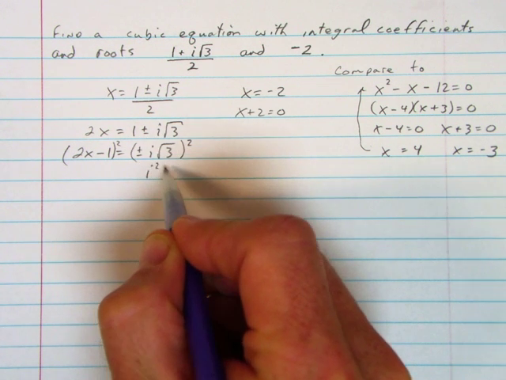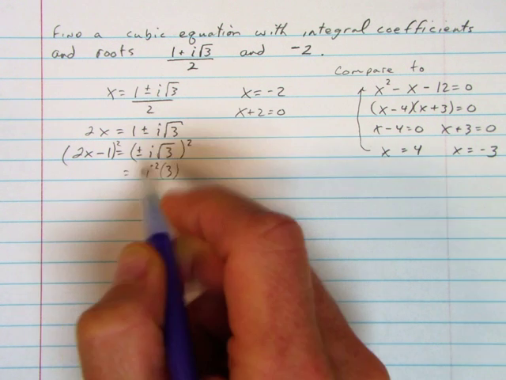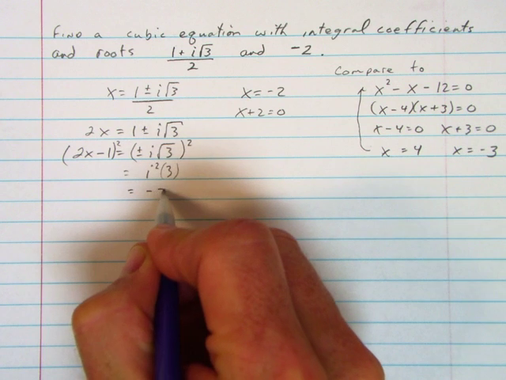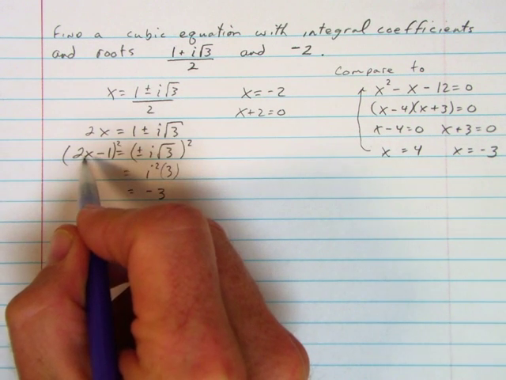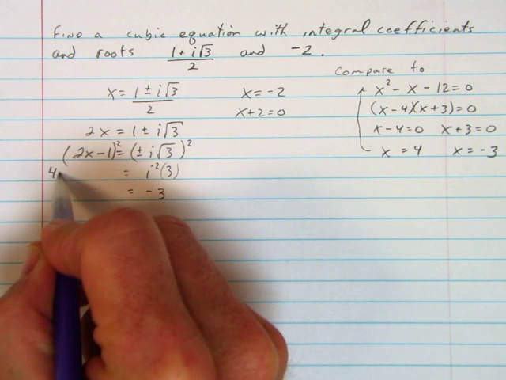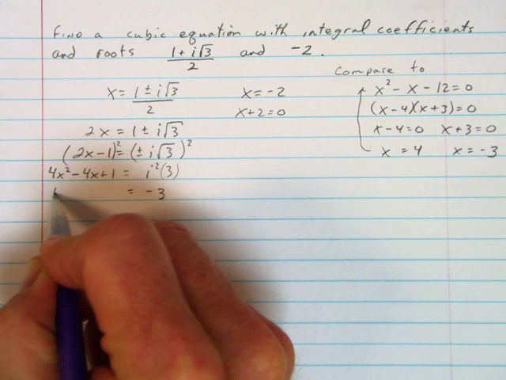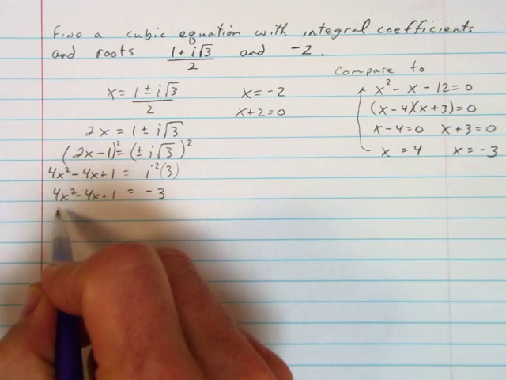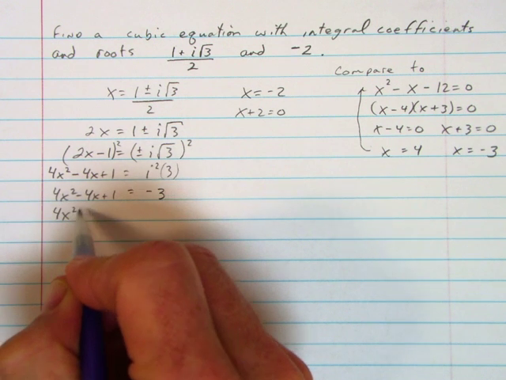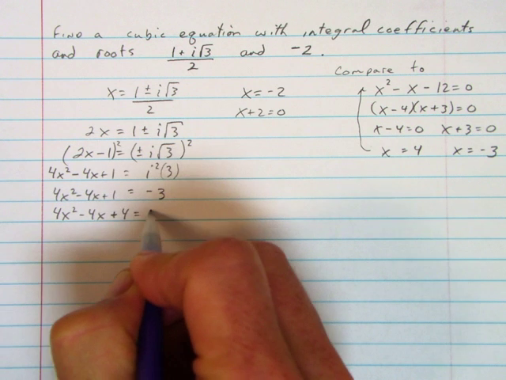We get i squared times 3. i squared is negative 1, so we'll get negative 3. And on the other side, we multiply this out, 2x minus 1 times 2x minus 1, and we'll get 4x squared minus 4x plus 1. Now we move the negative 3 to the other side, and we'll get 4x squared minus 4x plus 4.